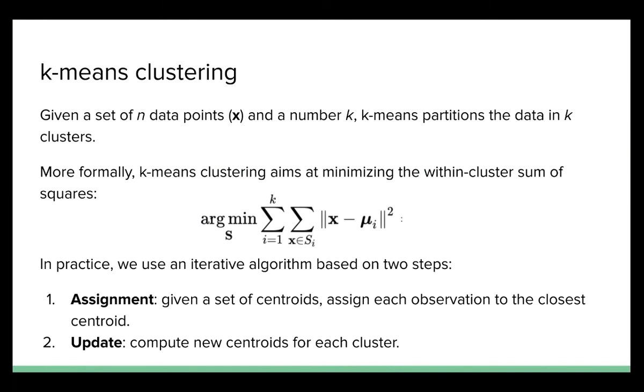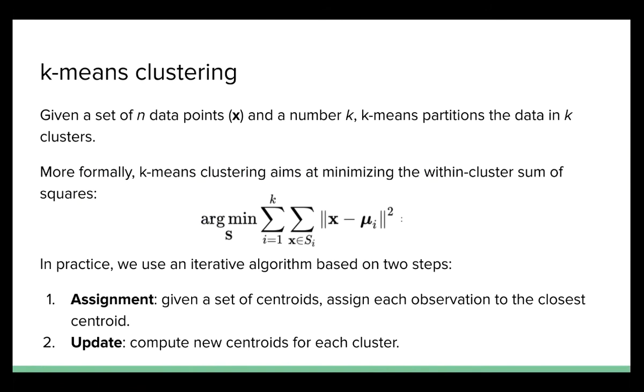And formally, this algorithm minimizes a within-cluster sum of squares. In practice, however, the way we implement this algorithm is we use an iterative algorithm based on 2 steps, where for a given set of centroids, such as a random set of centroids, we assign each observation to the closest centroid.